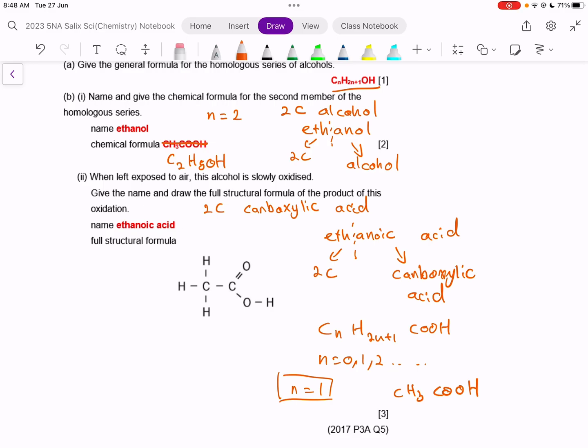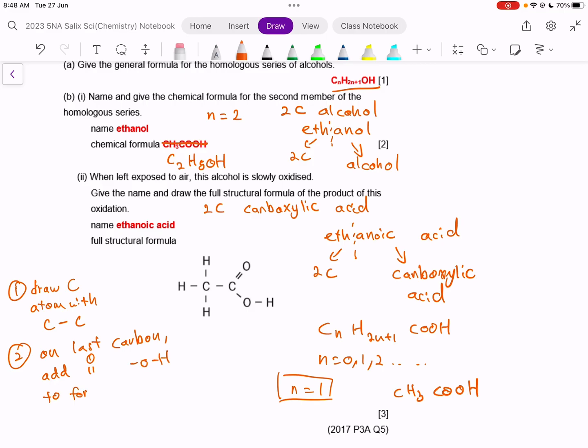When you draw the full structural formula, you draw the carbon atoms with a C-C single bond first. Then on the last carbon, add the double bond O as well as the OH, to form the carboxyl functional group.